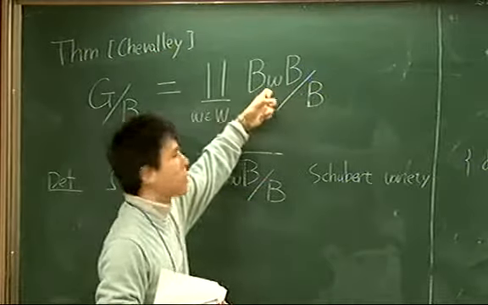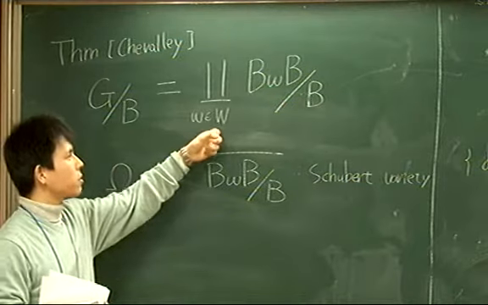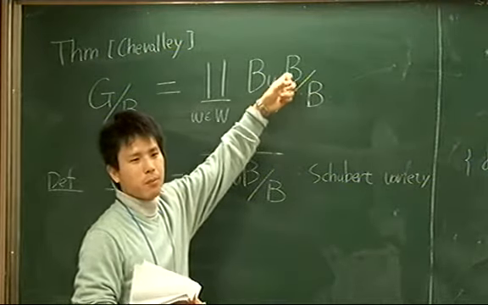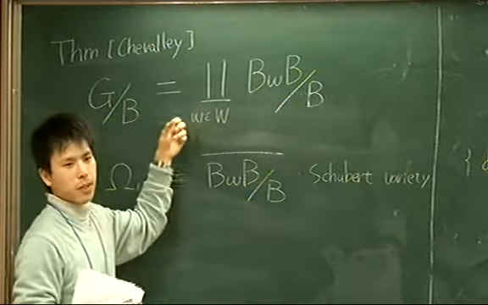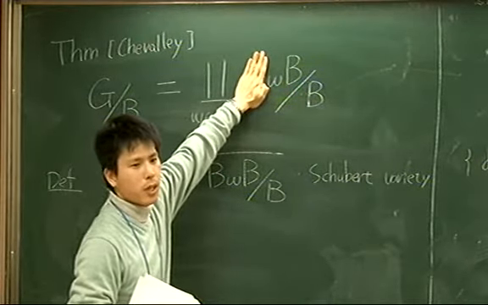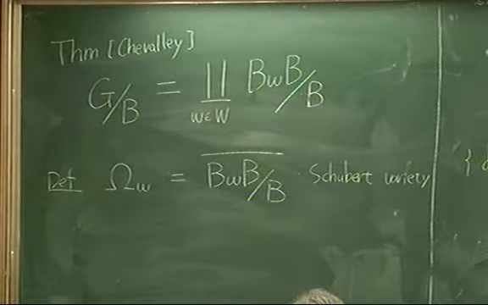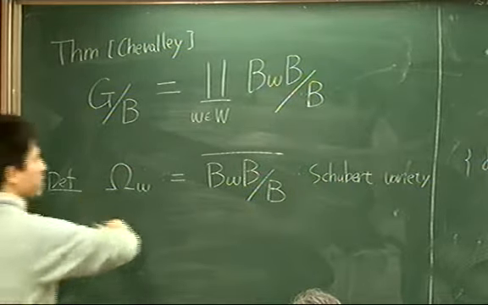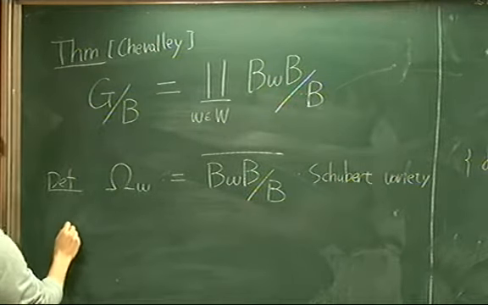W can be considered as an element of G because it is a quotient, but we multiply B from the right, so we can choose any representative for W. So this is just a point, and we consider its B orbit from the right action. Right, not left action.